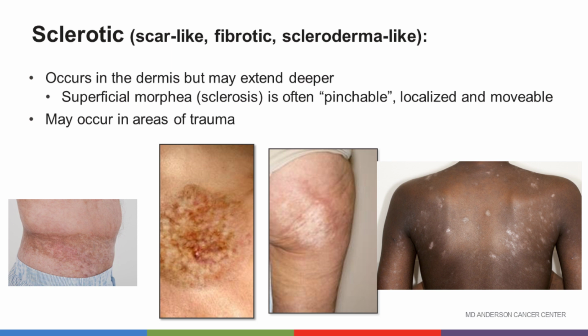The last patient on the right is showing little areas of white, and that's superficial sclerosis that has occurred in multiple areas. So that's scleroderma-like graft-versus-host disease. This is superficial. Some people use the word morphea for this, for the superficial localized disease.